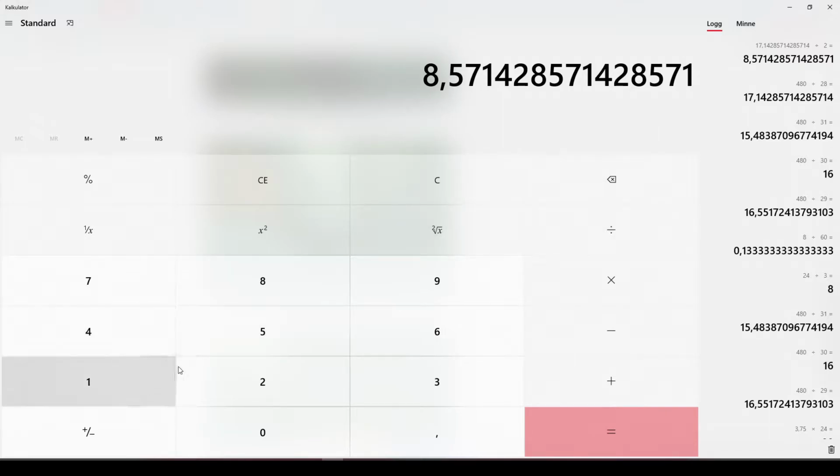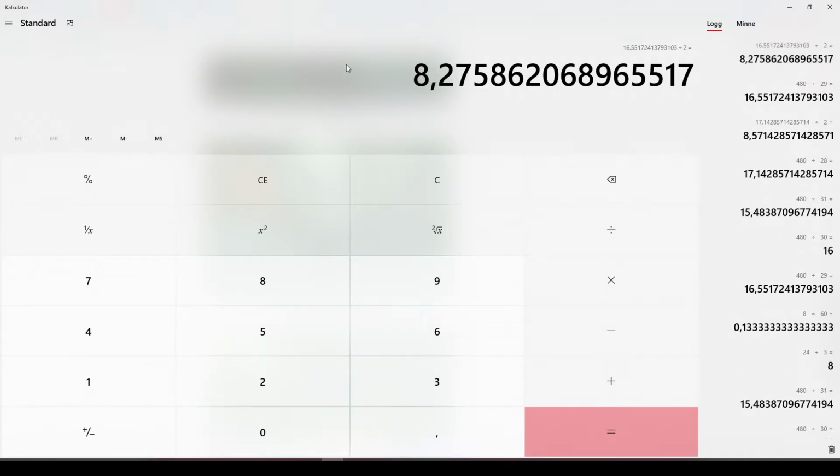That's 28. Now we can do this, and then we can divide that by 2 again. That would be 29. Same with 30. 8. That's 8. Then just do the same with 31.